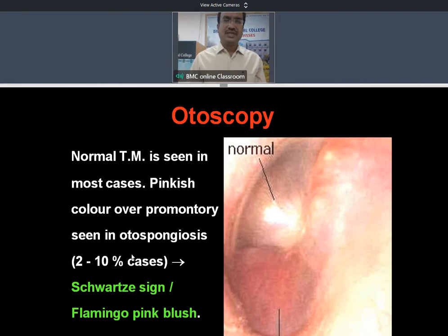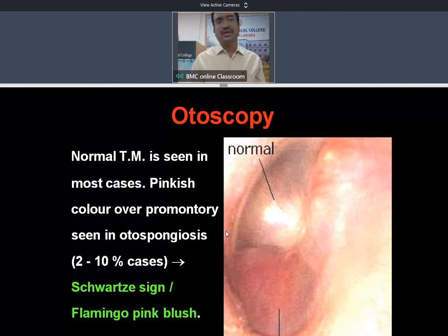So rarely, if the disease is in active stage, you can see the pinkish color over the promontory through the tympanic membrane. That is called the Schwartze sign or flamingo pink blush.